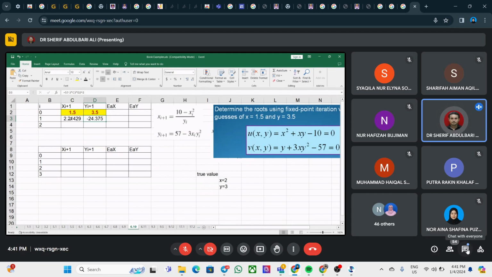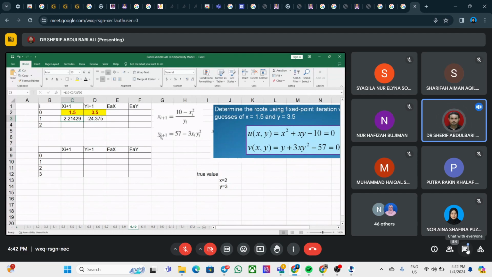In this first iteration, I solved the first equation and got x equal to 2.21429. So the value of x is no more equal to 1.5. The value of x is now 2.21429. So when I find a new value of y, I'm not going to use 1.5. I'm going to use the new value. So what's the rule here? Whenever you have a new value in your hand, forget the old one, use the new value.